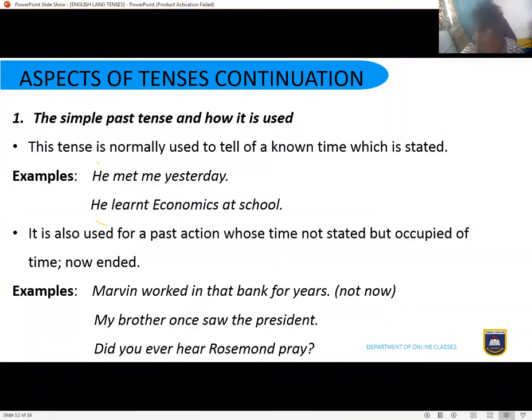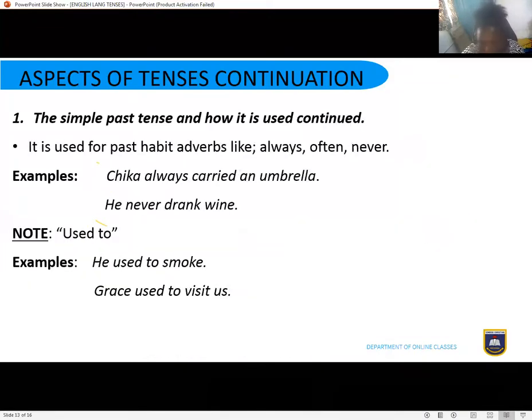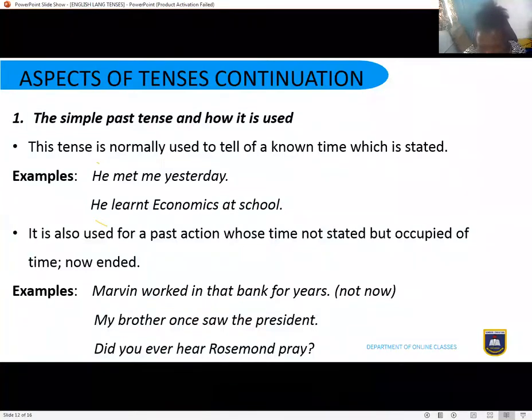Now let's look at the following examples. Example 1. Marvin worked in that bank for years. Now, what is the meaning of this? We said that the simple past tense is used for actions whose time is not stated, but which occupied a period of time.